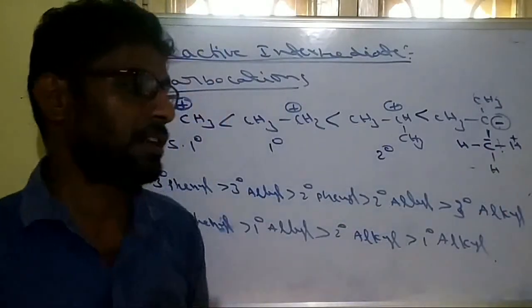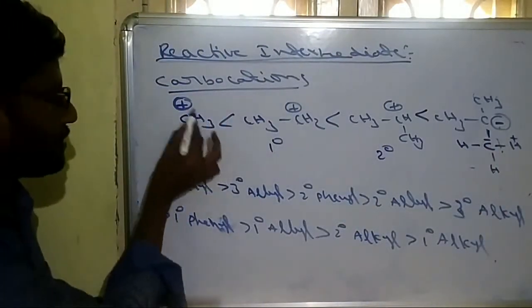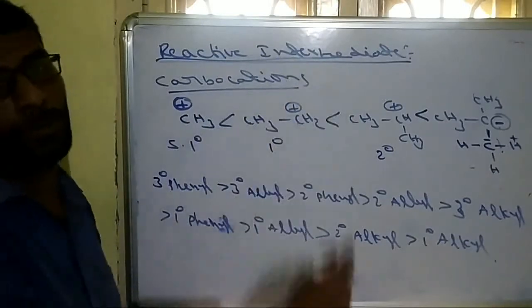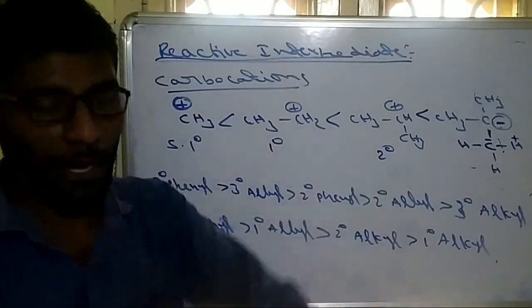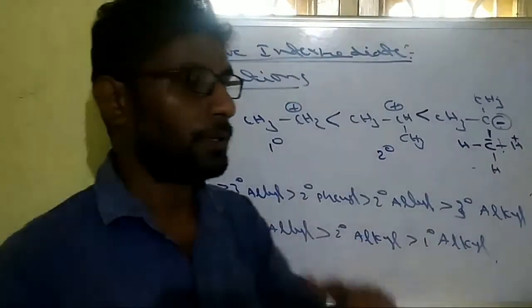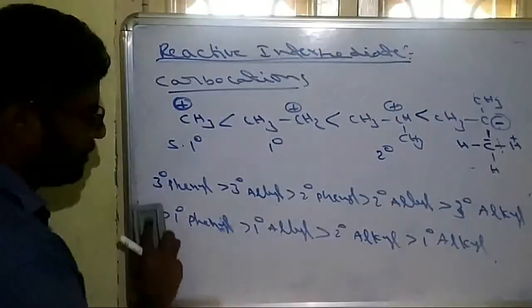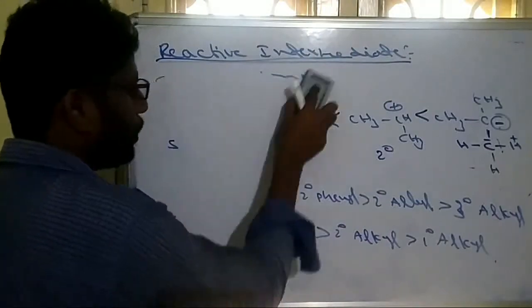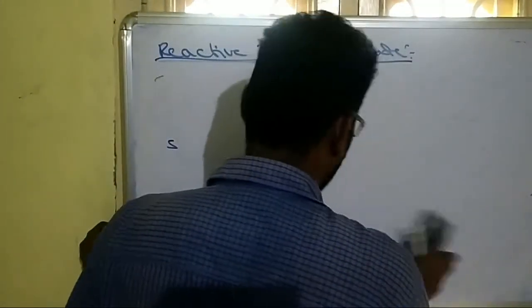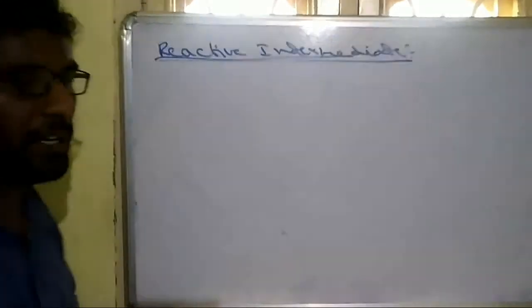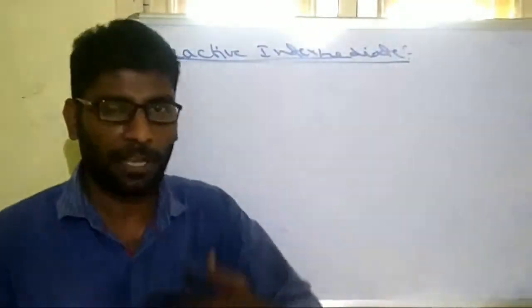That means this is less stable. But here hyperconjugation is not possible, so this is more stable. So the stability of carbanions is opposite to the stability of carbocations due to the negative charge. I will send the stability order in the group. We have to practice that order. This is about reactive intermediates: carbocations, carbanions, carbon free radicals.